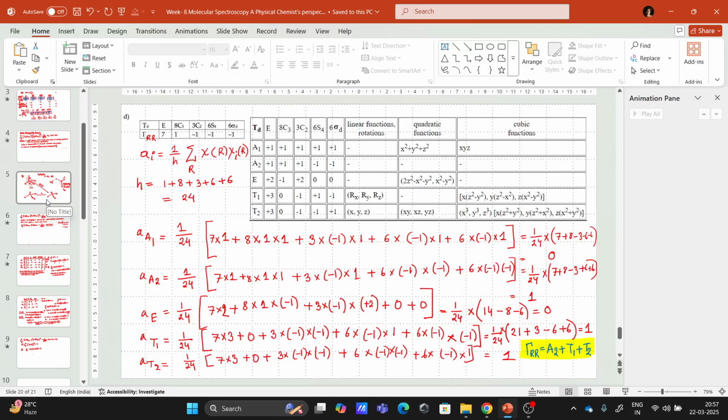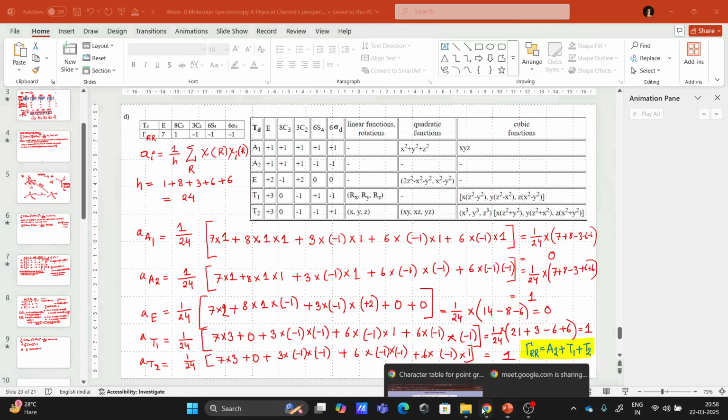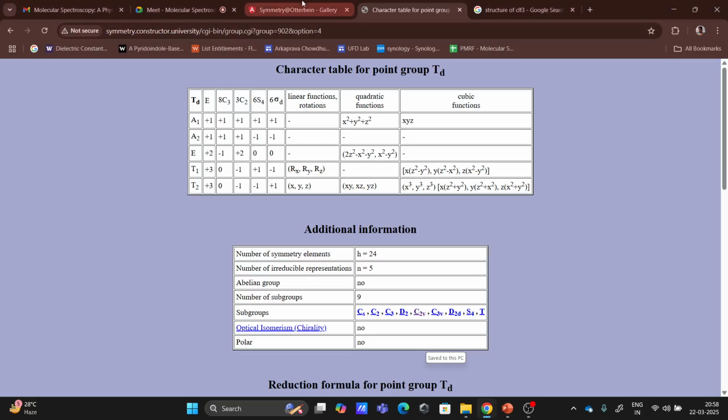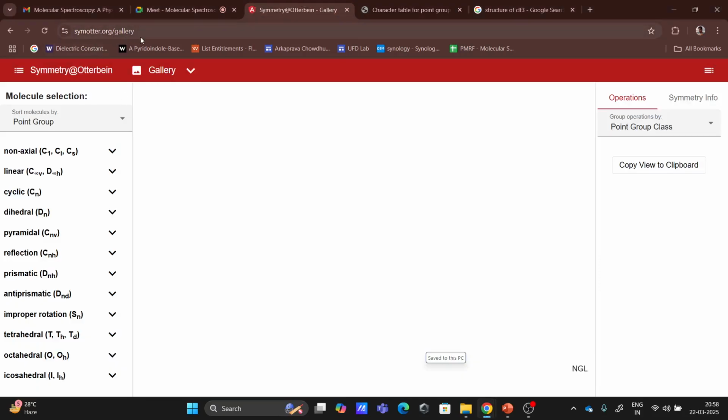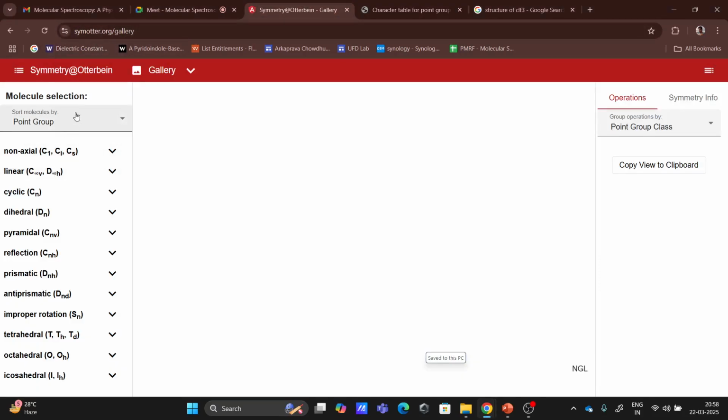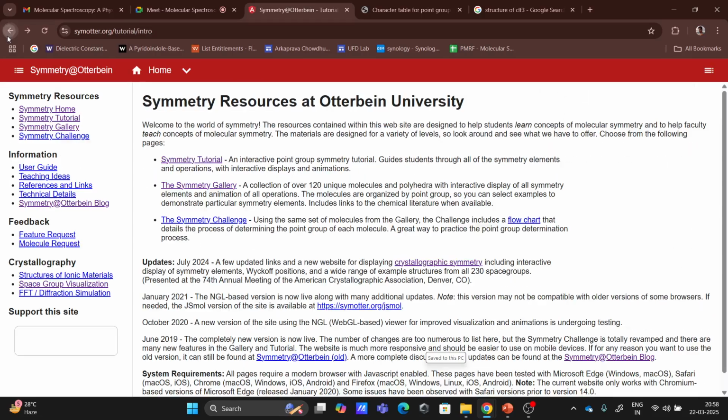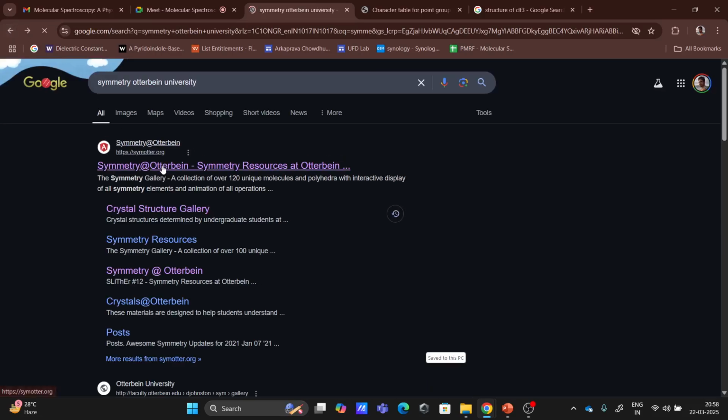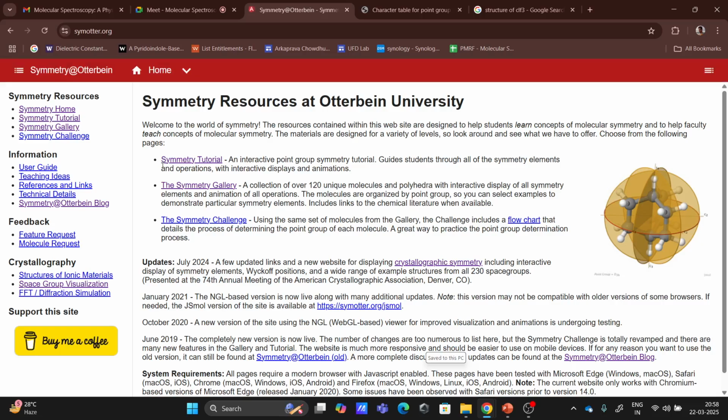So how to get the point groups and all? I would suggest you can look at Atkins' book. Do you have an e-copy or some copy of Atkins' book? In Atkins' book they have very nice examples of molecules. Or even I told you this website, right? You can go to this one. I have opened it, symmetry.otterbein something.